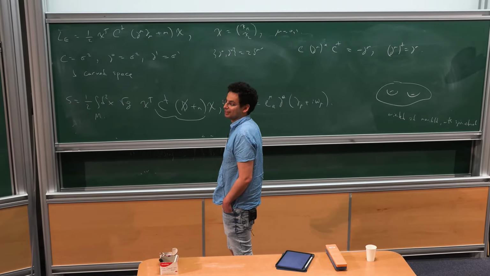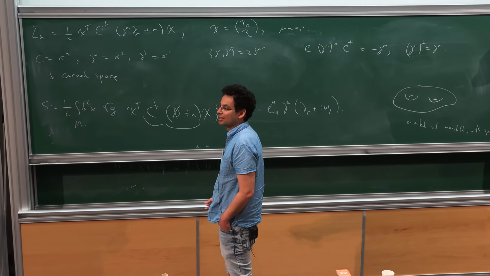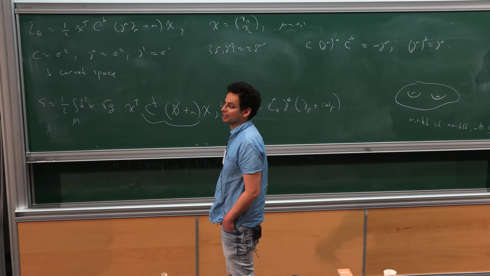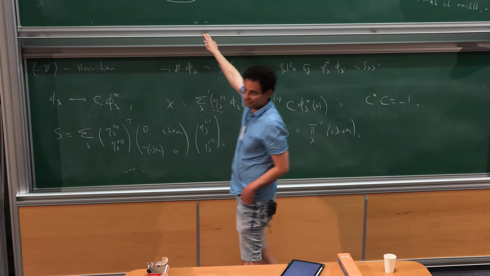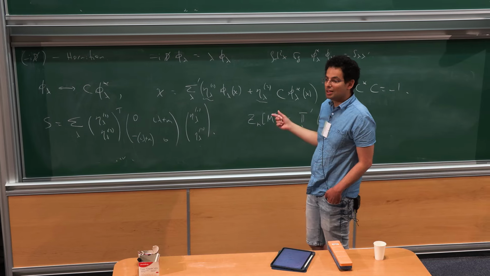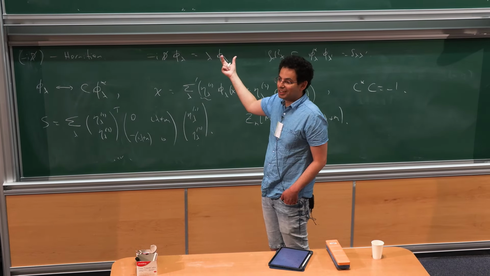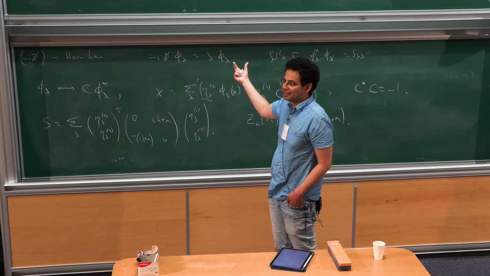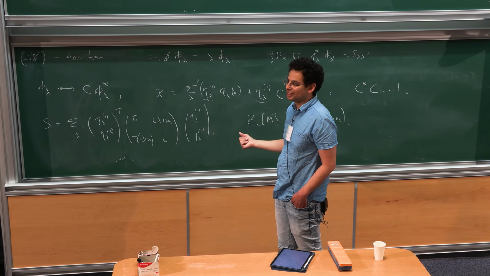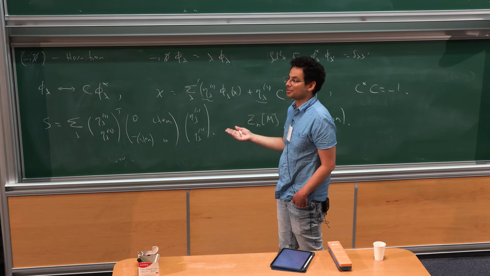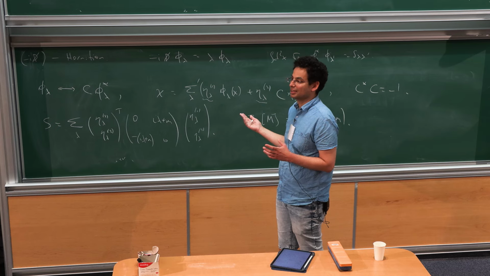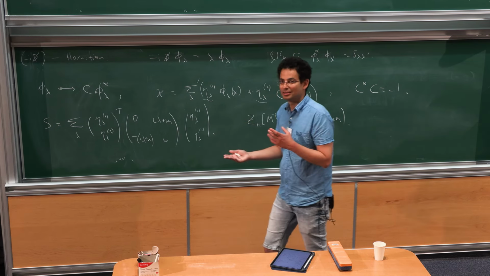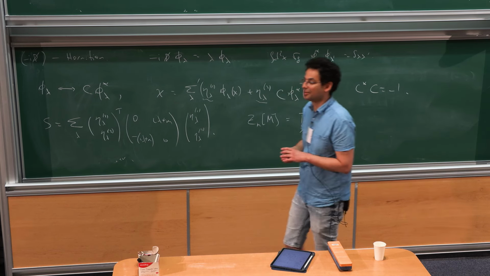It's maybe related to CPT. But there is no charge, right? In the free fermion description, this is what you would maybe call C, but there is no many-body symmetry associated with this. This is a dummy symmetry, if you wish.